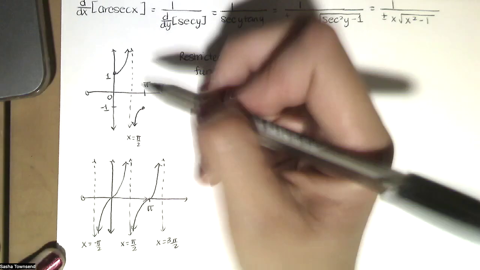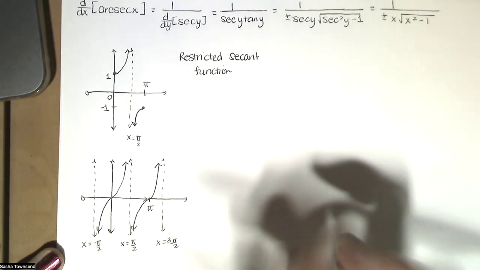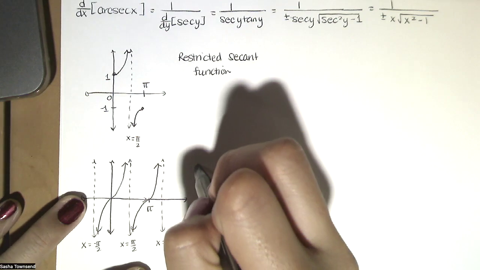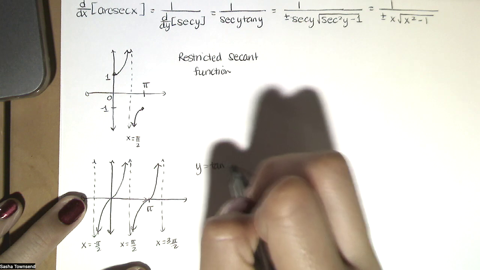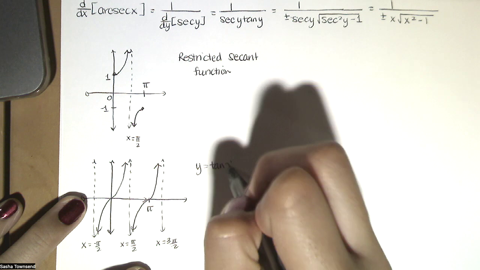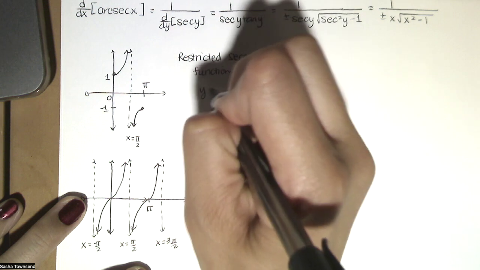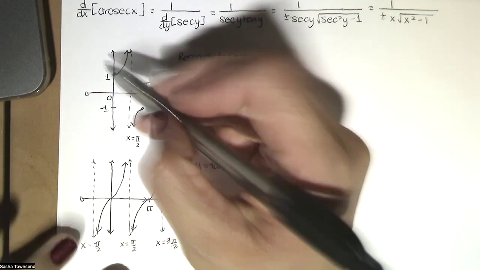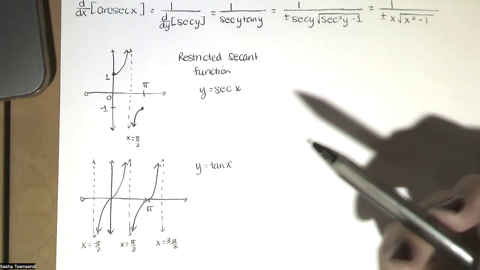A little bit hard to see because I've drawn the tangent graph a little bit wider. This is what secant looks like, and this is what tangent looks like.